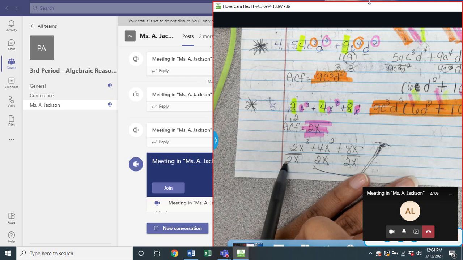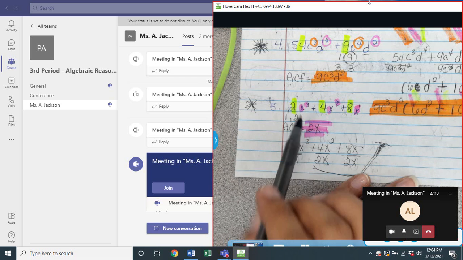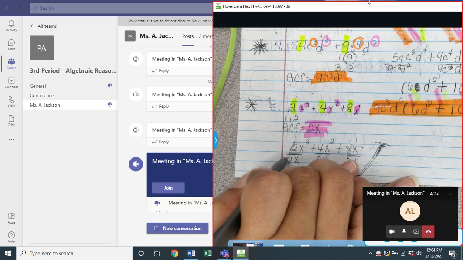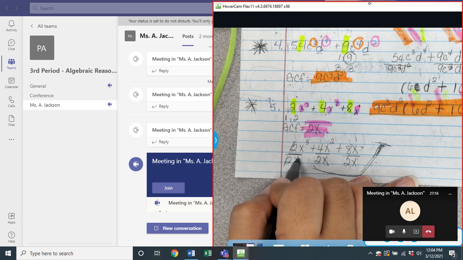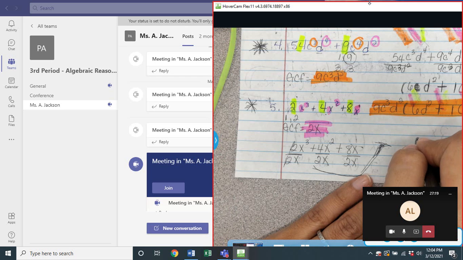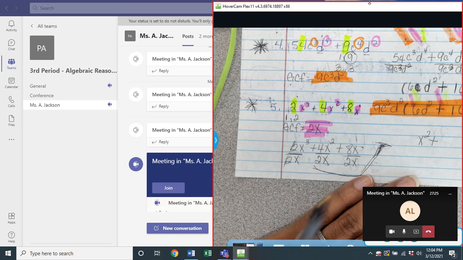So 2 and 2, they cancel each other out, right? Because 2 divided by 2, you get 1, so you don't need that one. Now you have 3 minus 1, what do you get? 2, okay, so the power 2. Now 4 divided by 2? 2x.